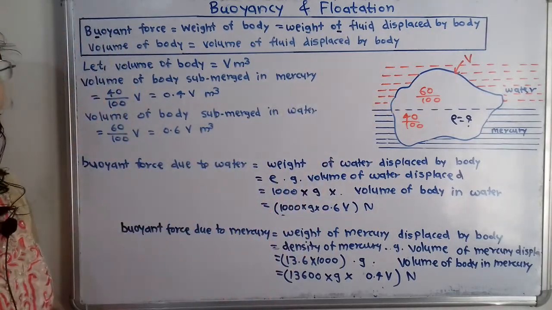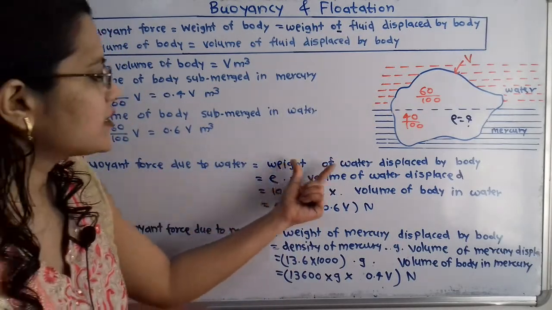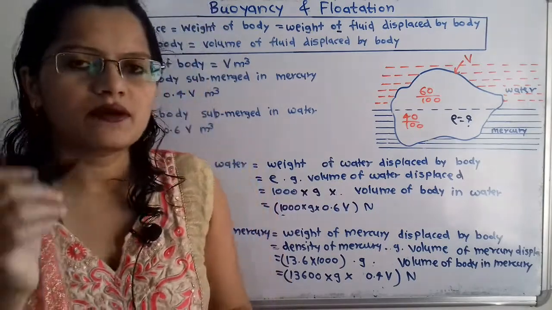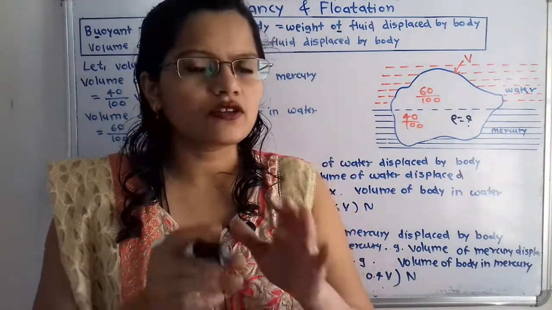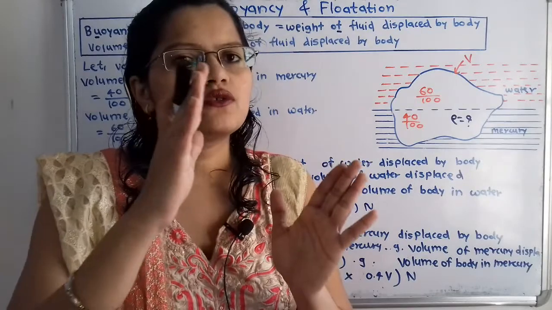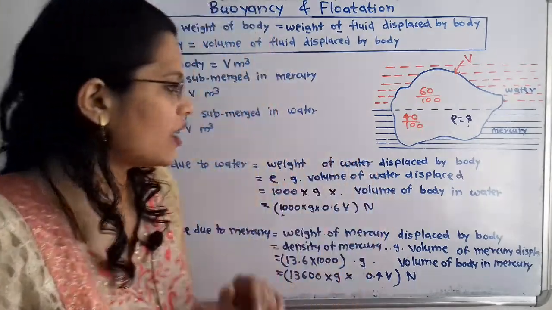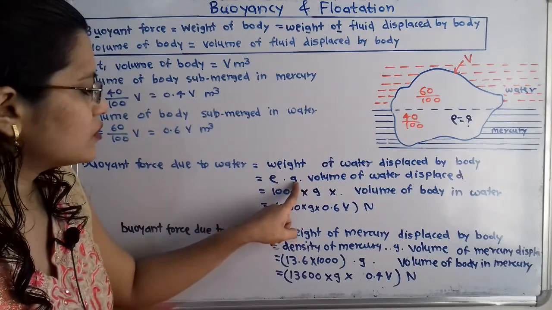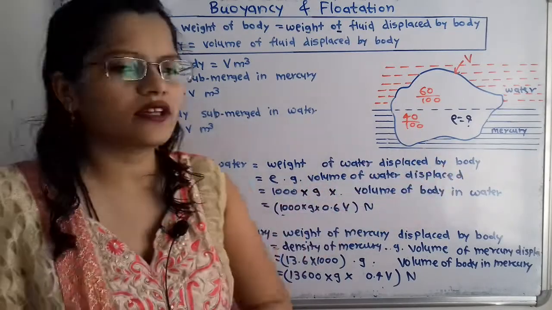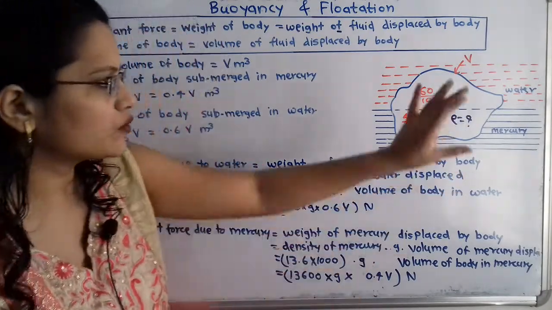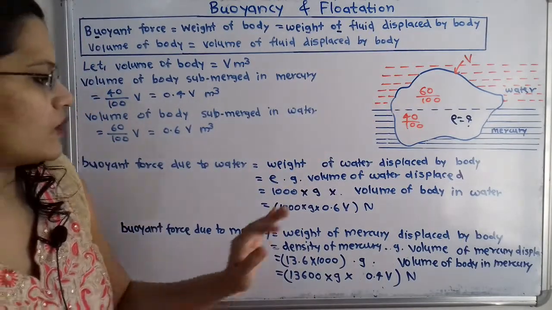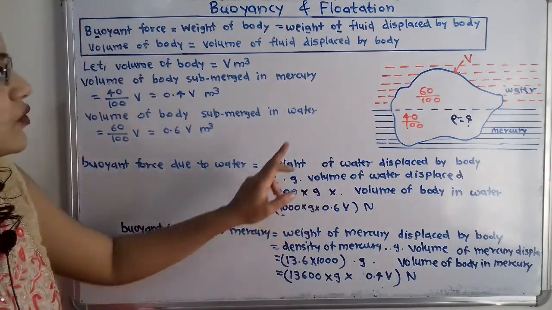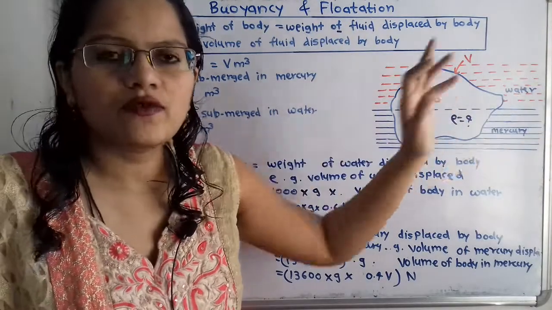Now what is the weight of water? The same formula applies: rho into g into volume. So here we use rho into g into volume of water displaced by the body, because we are considering only water here. So what is rho? Rho for water is 1000.